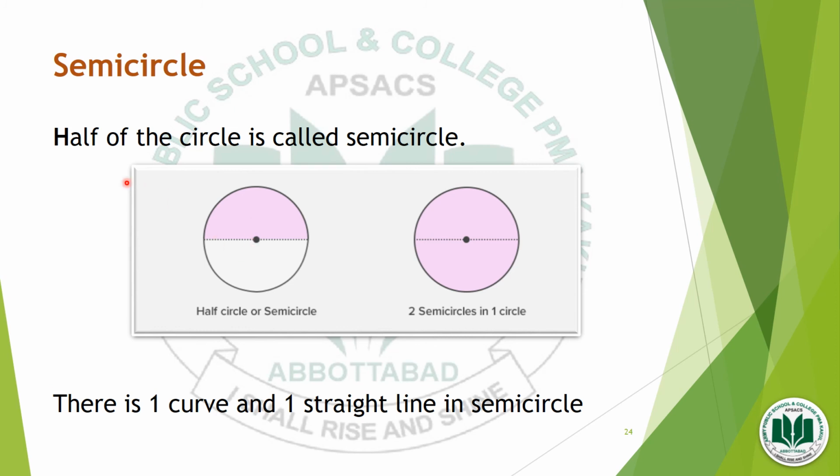So we can say half of the circle is called a semicircle, and there are two semicircles in one circle. Two semicircles make one circle. In a semicircle we have one straight line. This is a straight line and this is a curve. So in a semicircle we have one curve and one straight line.